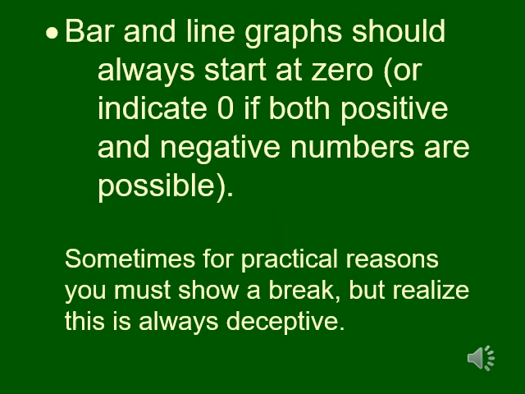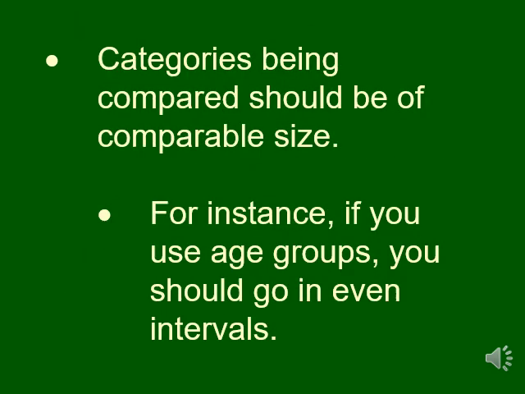Bar and line graphs always should start at 0 or at the very least include where 0 is. If you don't start at 0, you are always being deceptive. You want to make sure that you compare things that are of comparable size. You don't want to suddenly have one group that seems bigger just because it's naturally larger.